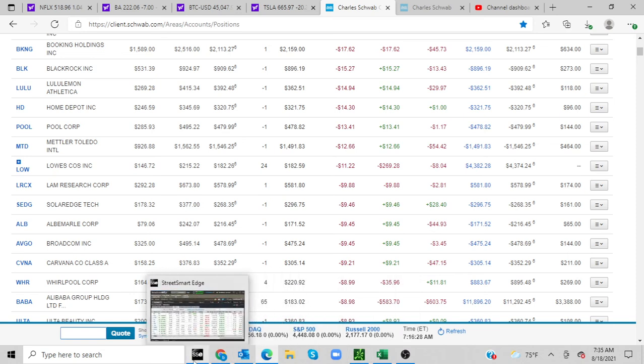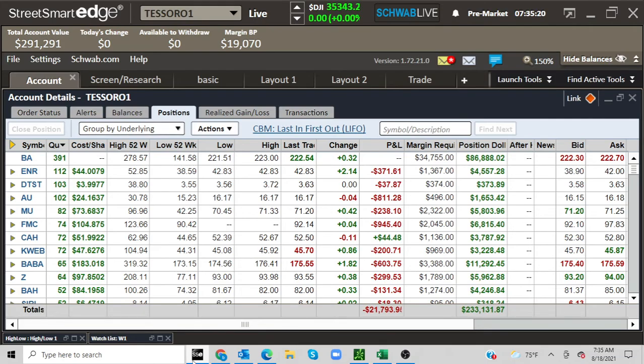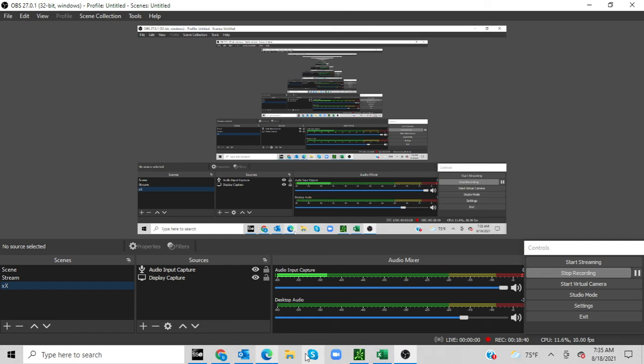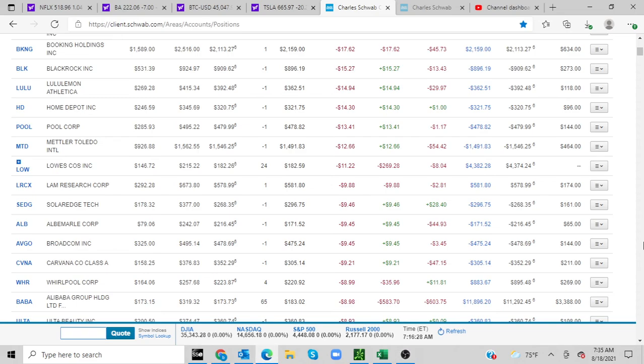So, what's the right thing to do? The right thing to do is add shorts to the portfolio to hedge against losses on your longs. Now, adding shorts to the portfolio is a good hedge only if you execute it right.